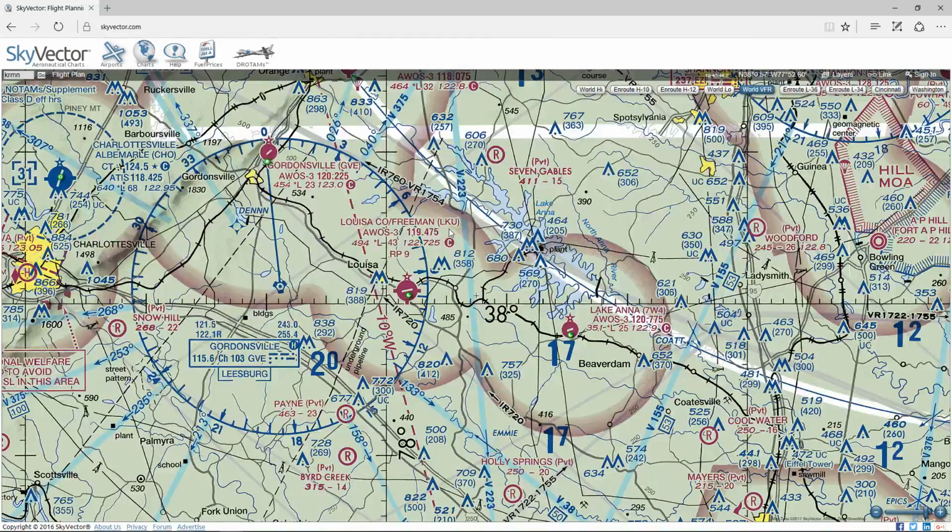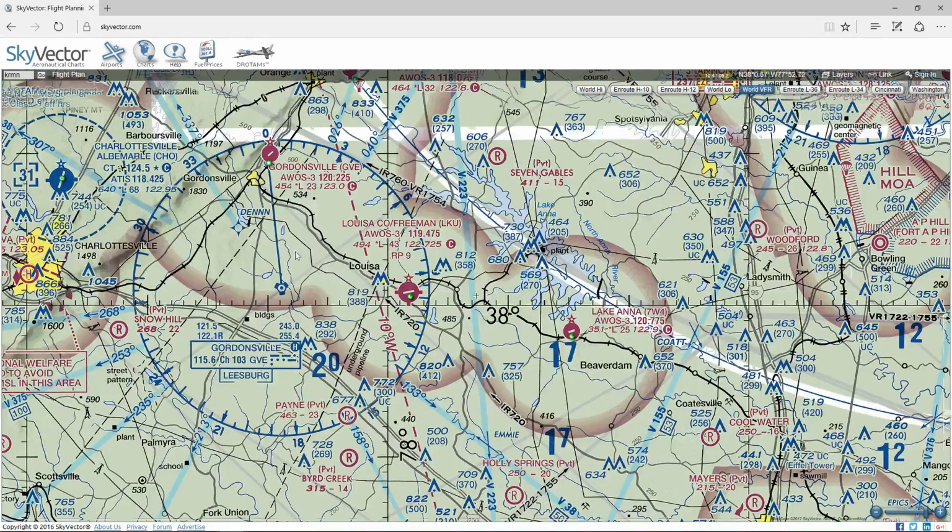You can't come in on left-hand traffic and land there. You have to approach on the right-hand side, so right downwind, a right turn on the base and a right turn on the final. You're going to enter the traffic pattern on the right side. So that's what that means.